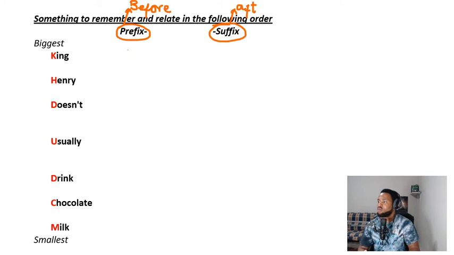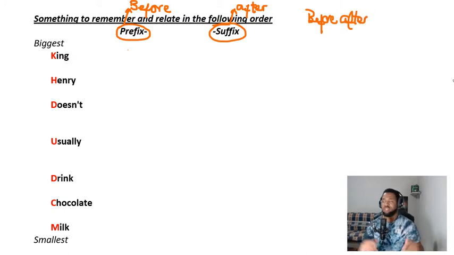And so when you make a word from prefix and suffix, you're bringing the before word and the after word together to form a new word.